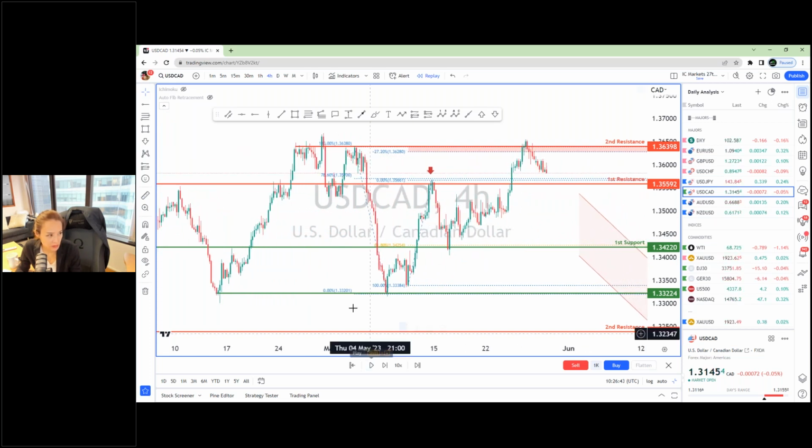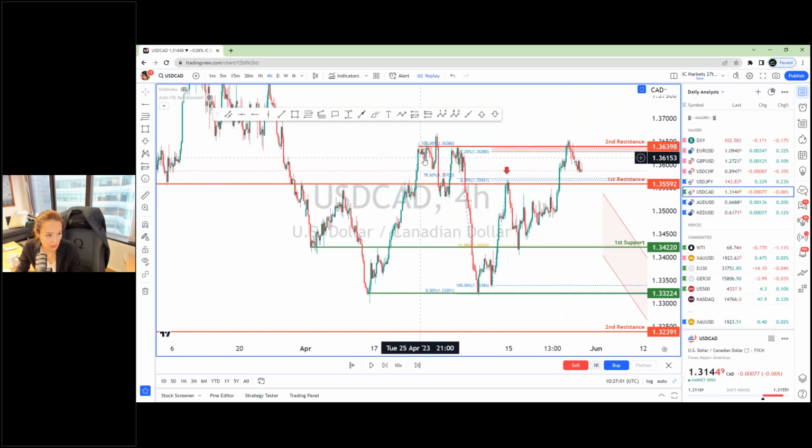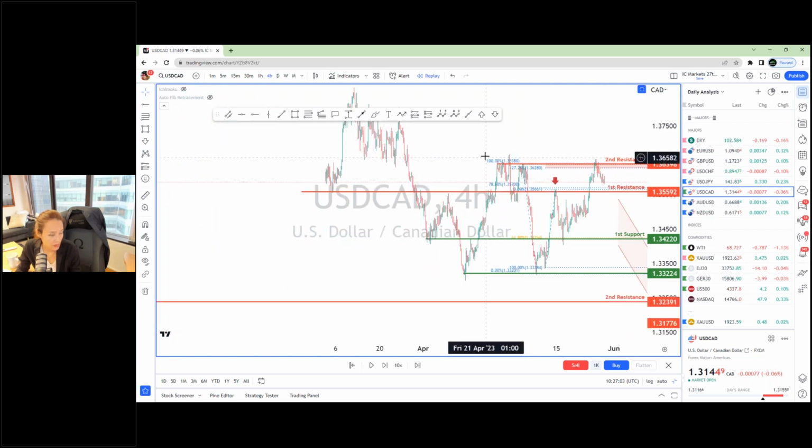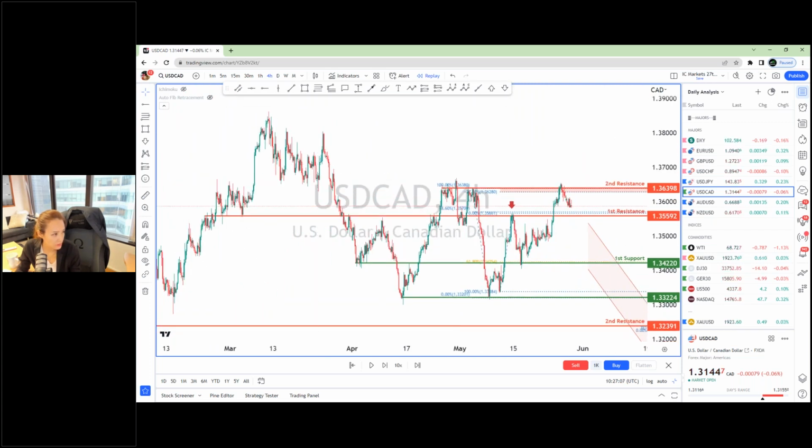Okay, you can see that this is my resistance and had negative 27.2, and from here price broke above my first resistance, right? But it stopped at my second resistance, which is where we have negative 27.2%. And at this level I think we do have retracement from here.